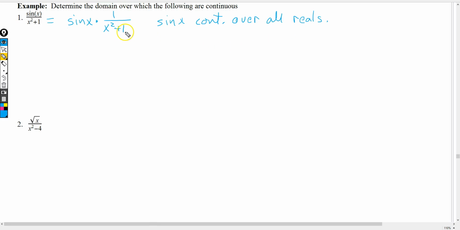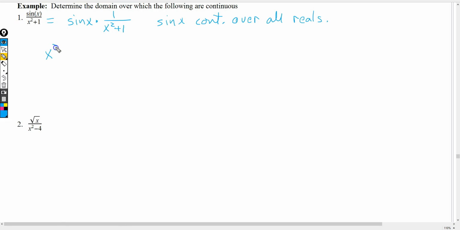Now 1 over x squared plus 1, that's also going to be continuous over all the real numbers because x squared plus 1 is never equal to 0. The only place this function would have any trouble being continuous is where the denominator is 0, but x squared plus 1 is never 0.